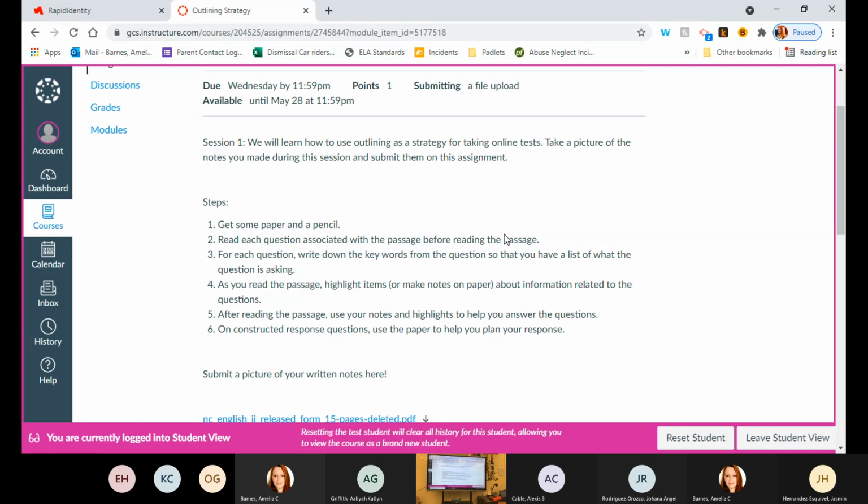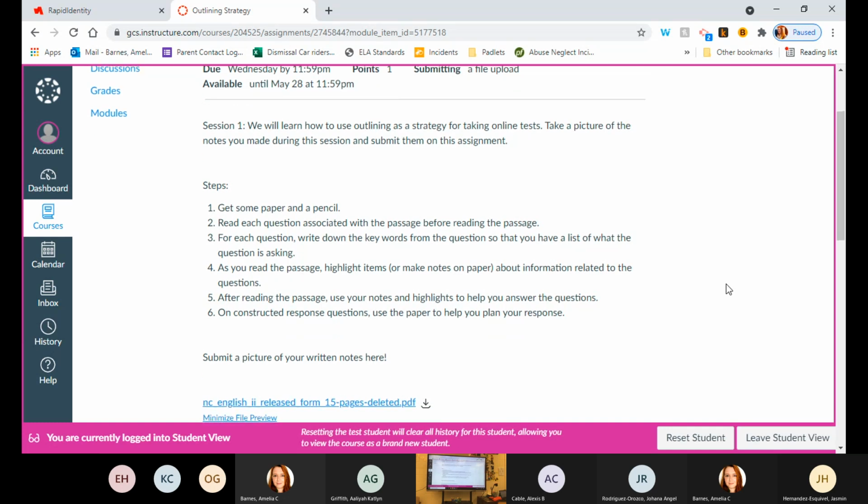So you get paper and pencil for the test, even though it's an online test, but you can have as much scratch paper as you want. So for a lot of students, outlining actually helps them to use the strategy they're already comfortable with, just by doing some note taking as they take the test. So we're going to actually practice it right now. So grab some paper and a pencil. You've already got paper and pencil, right?